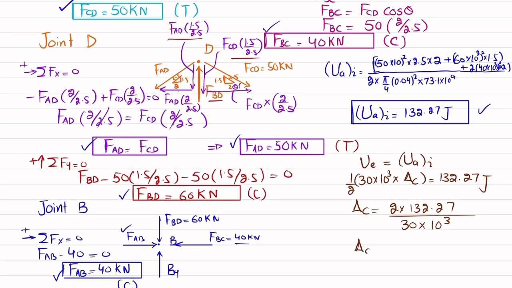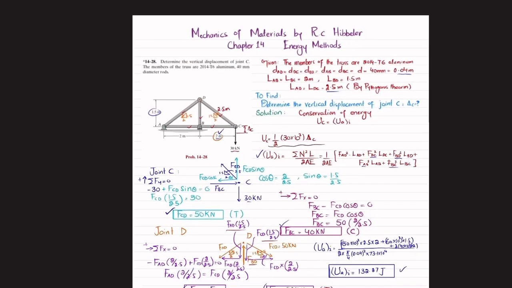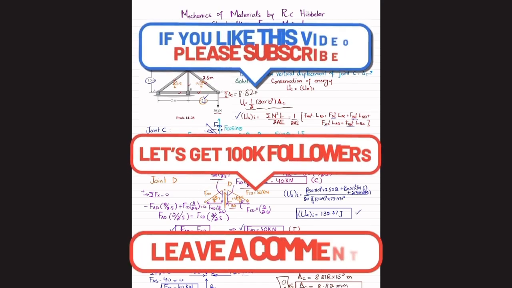This will give the vertical displacement of point C, which is 8.818 into 10 to the power minus 3 meter, or in millimeter it will be 8.82 millimeter. So this is the vertical displacement of point C due to the load 30 kilonewton. So this is 8.82 millimeter.